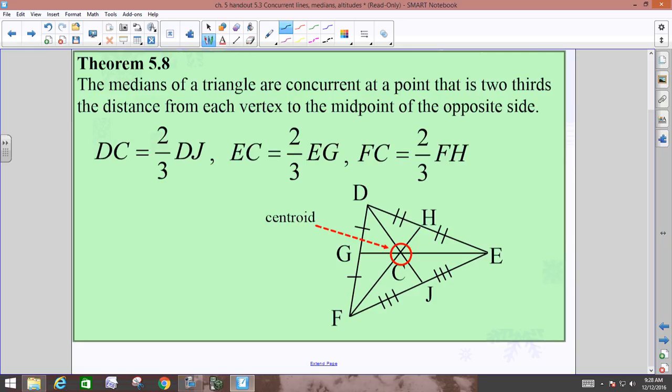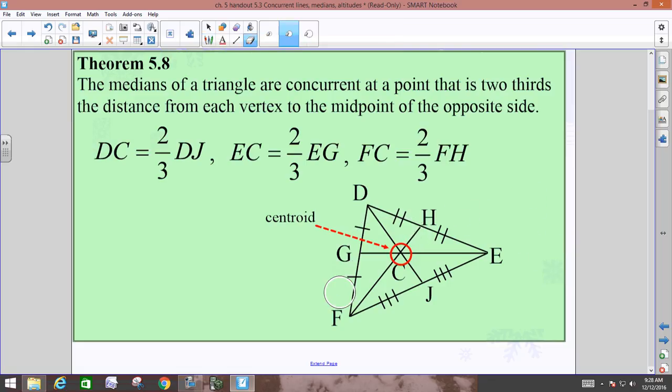If we said that HC was a length of 13, how long would HF be then? 39, good. This is 1/3 of the line. So to get the total line, you need to take it times 3 now. So 13 times 3 would tell us that HF is 39.